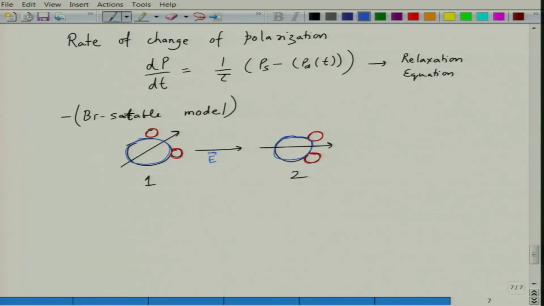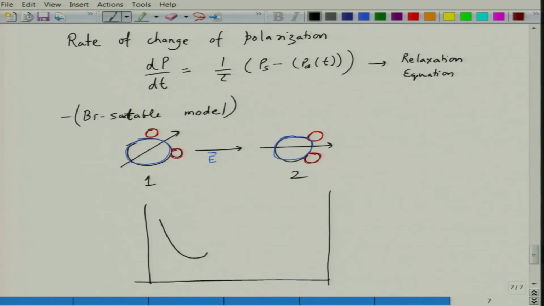Okay. So, essentially we are considering, so the energy landscape can be plotted as, let us say this is position 1, this is some position 2, and it has to overcome an energy barrier.